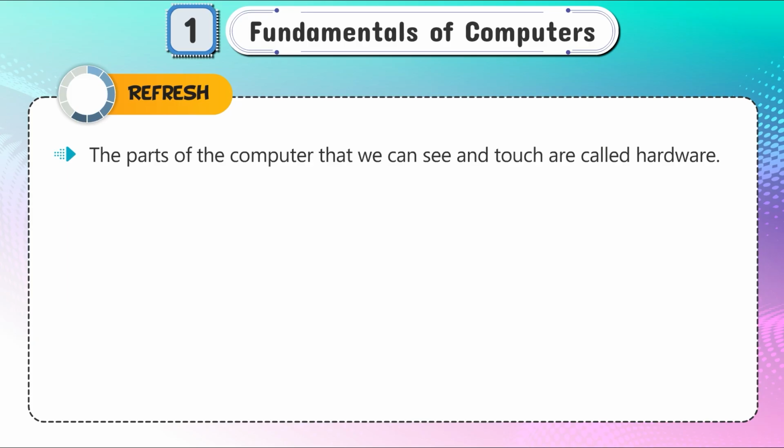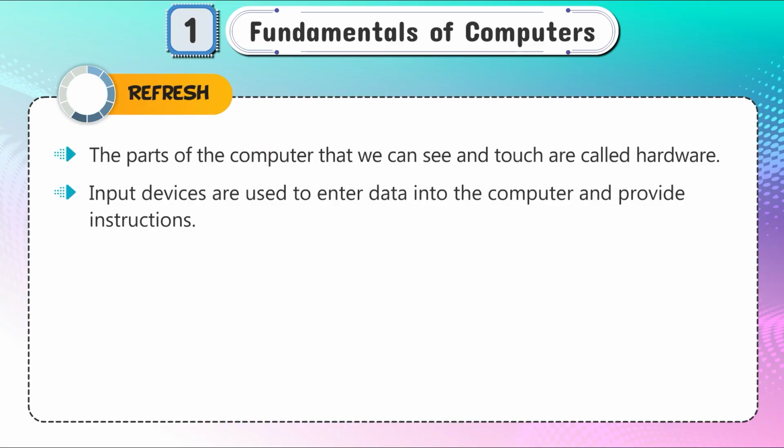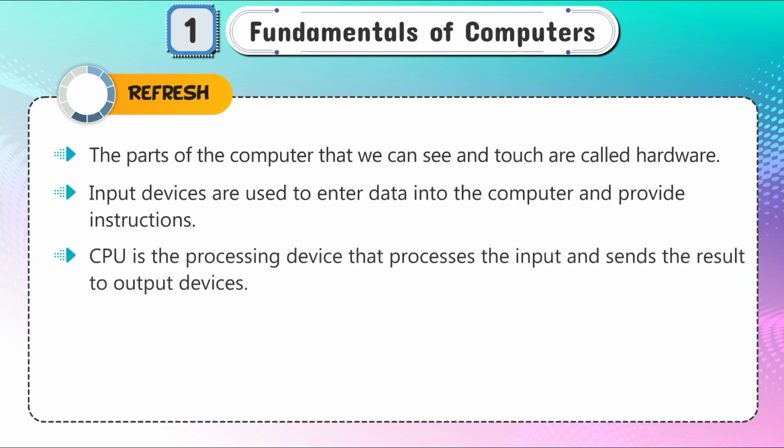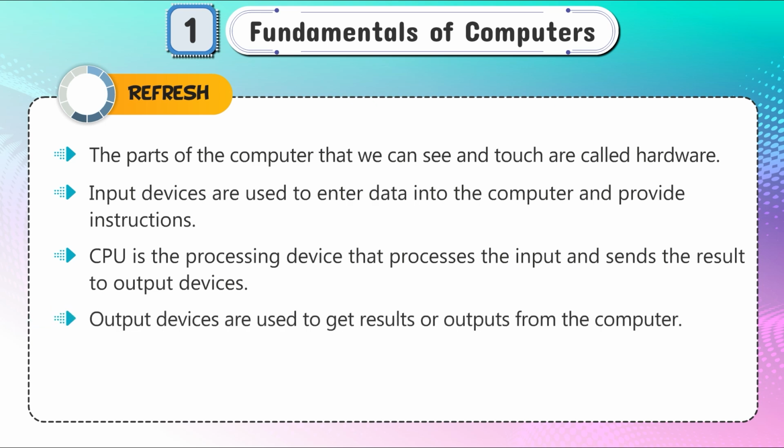Refresh. The parts of the computer that we can see and touch are called hardware. Input devices are used to enter data into the computer and provide instructions. CPU is the processing device that processes the input and sends the result to output devices. Output devices are used to get results or outputs from the computer.